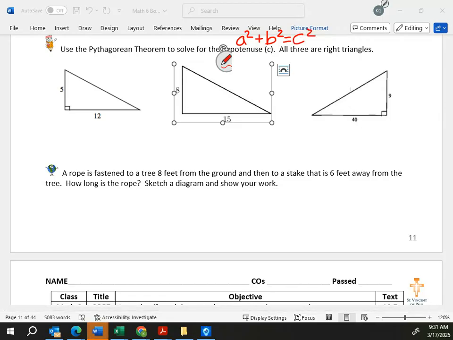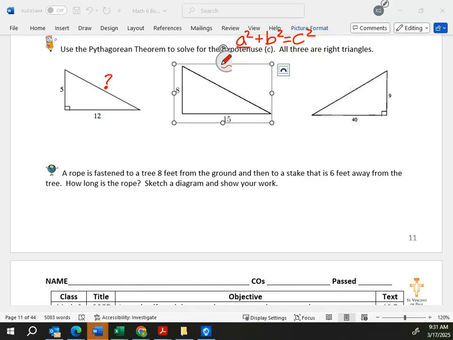I have my first triangle here. I have a side of 5, a side of 12, and then an unknown side. So how am I going to write out my equation to solve for that unknown side? Sophie?